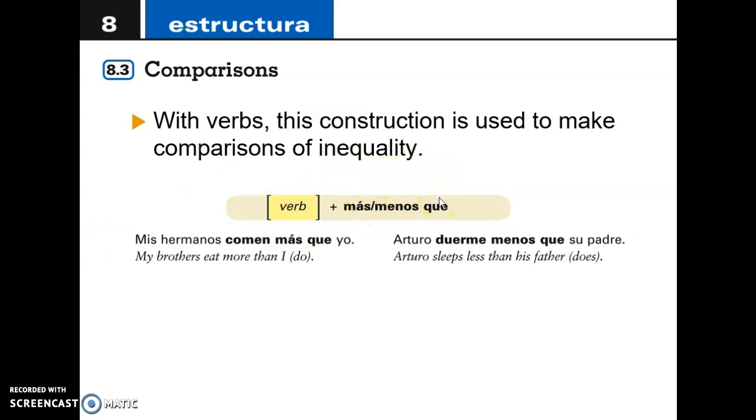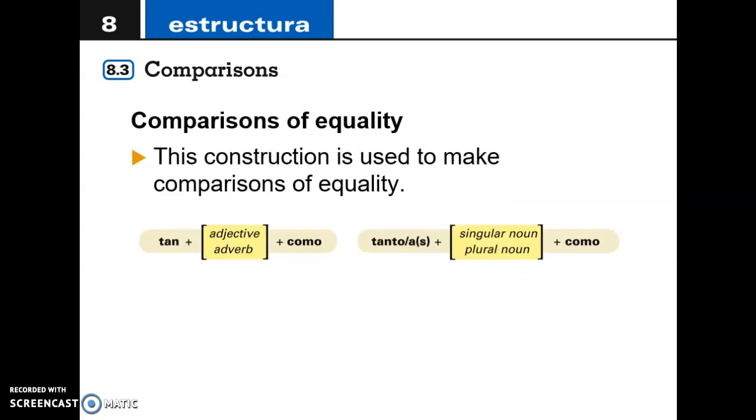So watch for that change whenever we're talking about a verb, not adverb, not adjective, not noun, but a verb that is going to go in front of the word más or menos que. Look at these examples. Mis hermanos comen más que yo. My brothers eat more than I do. Arturo duerme menos que su padre. Arturo sleeps less than his father does. So make sure to take notes and save those examples.